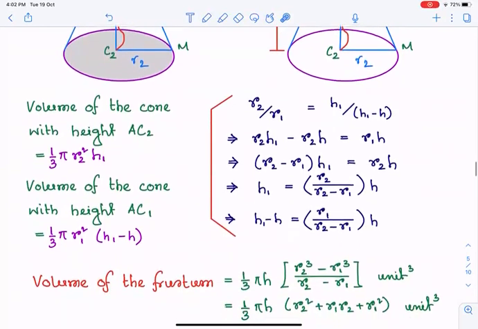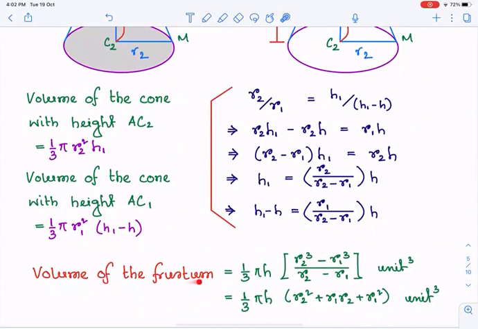Okay. So for the volume of the frustum, we use these values: h1 in terms of R2 by R2 minus R1 times h, if I put it over here, and for h1 minus h, if I use R1 by R2 minus R1 times h over here, so the volume of the frustum is the first volume minus the second volume.